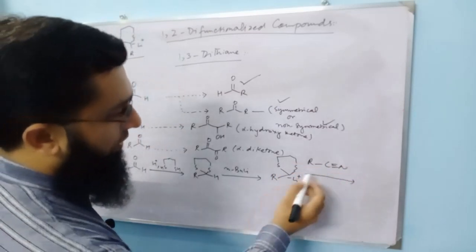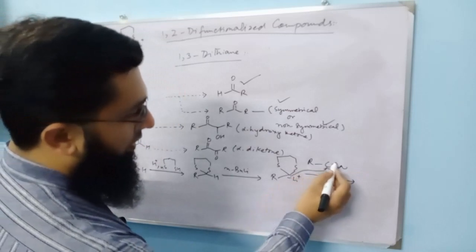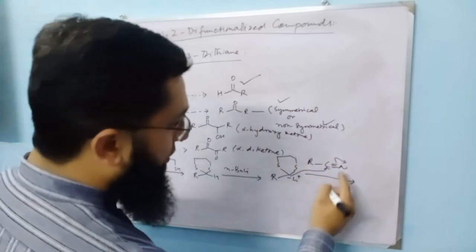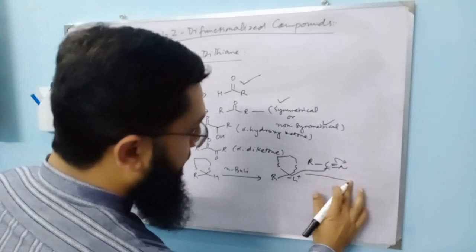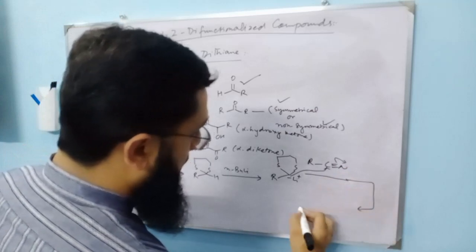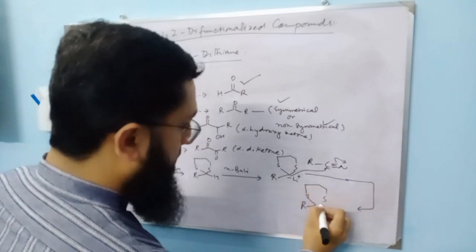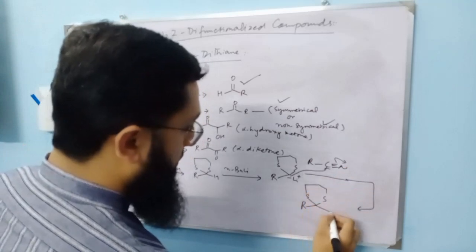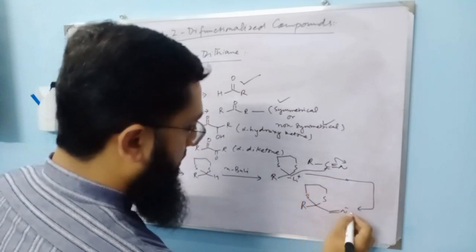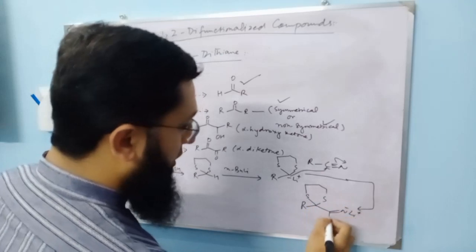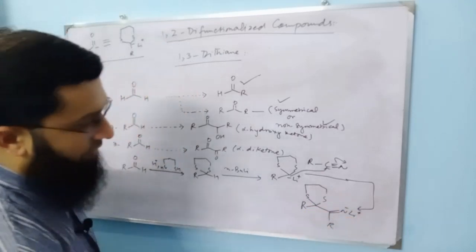This would attack here and we will get a negative charge here on the nitrogen. Lithium will surround it and we will get this.